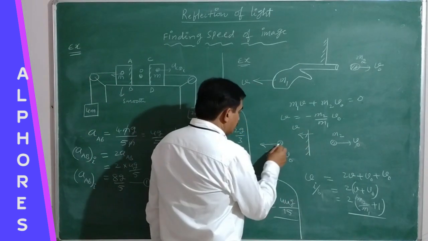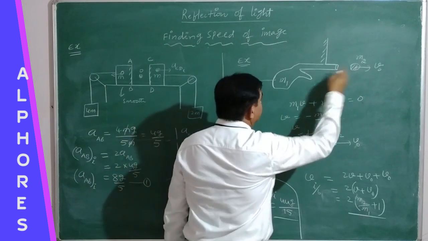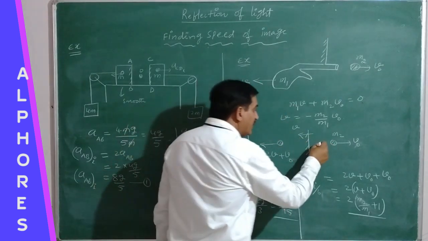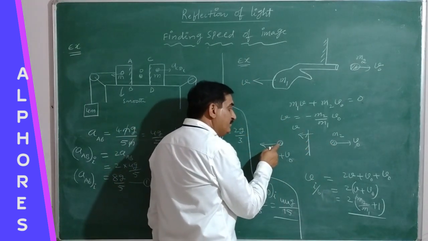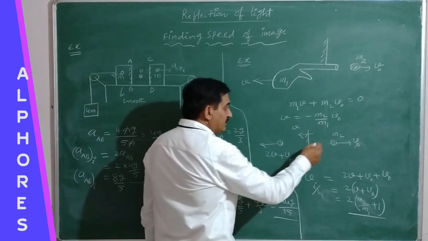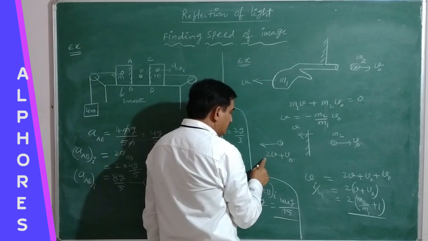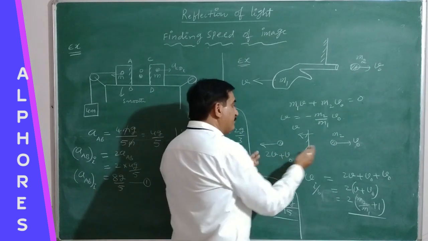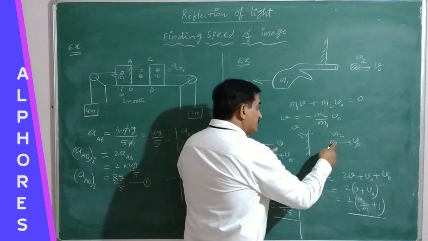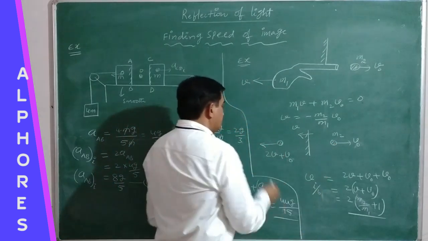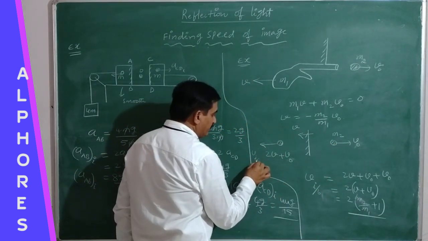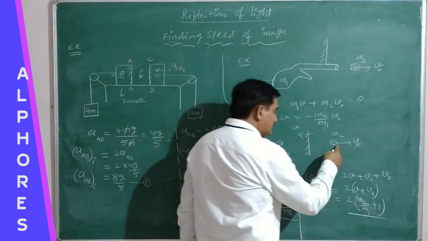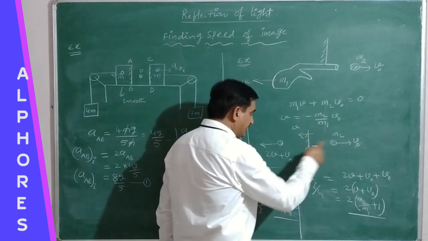Therefore, whenever the bullet is moving forward, the mirror is moving backward. These two are moving in opposite directions. In the opposite direction, the speed of the image of the bullet in the plane mirror will add up. Therefore, it is 2v plus v0. And for the final image with respect to the bullet, again we are comparing with respect to the bullet, meaning the bullet speed and the speed of the image of the bullet in the mirror with respect to the ground is calculated, and this speed and the speed of the bullet are both in opposite directions.